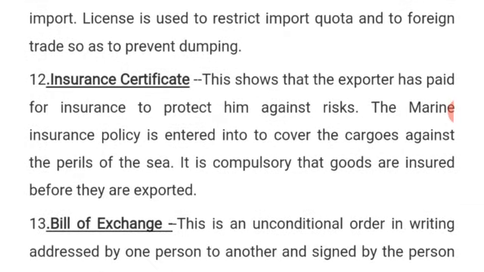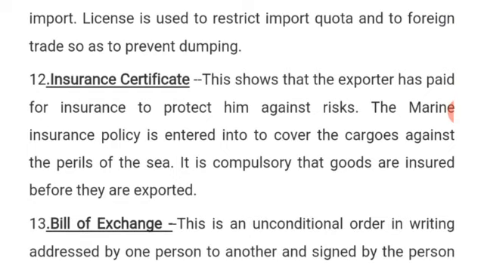Number 12, insurance certificate. This shows that the exporter has paid for insurance to protect him against risk. We are still going to deal with insurance in SS2. Insurance is a kind of arrangement in which the importer and exporter are expected to have an insurance certificate to protect themselves against risk which might occur.